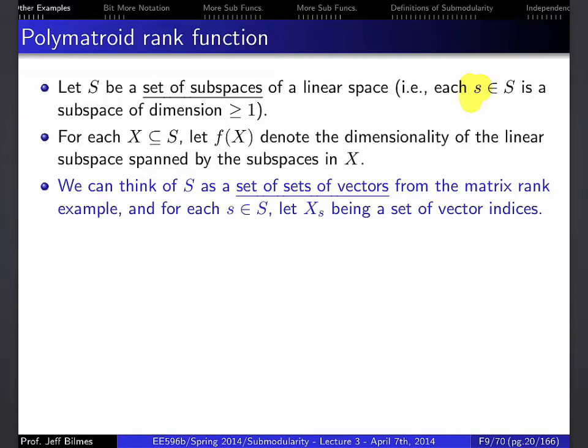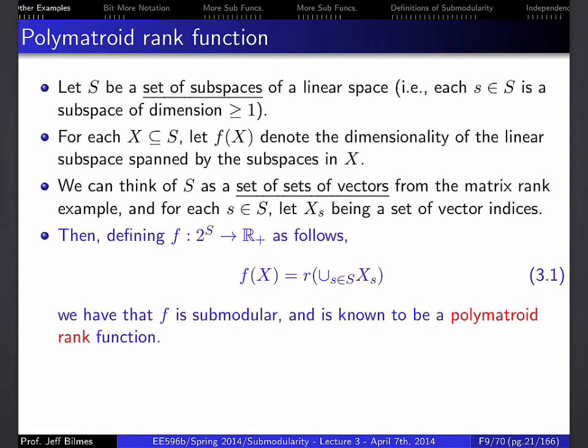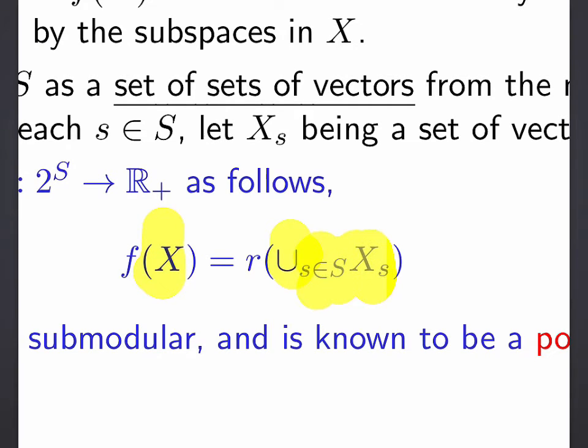And so in some sense, the elements of the underlying ground set, which is in this case S, are grouped together column vectors of the matrix in the matrix rank example. And so then the valuation of the function is obtained by taking that same rank function that we saw, and then for every element in the query set X, we're essentially unioning these together, and then taking the rank of the union.